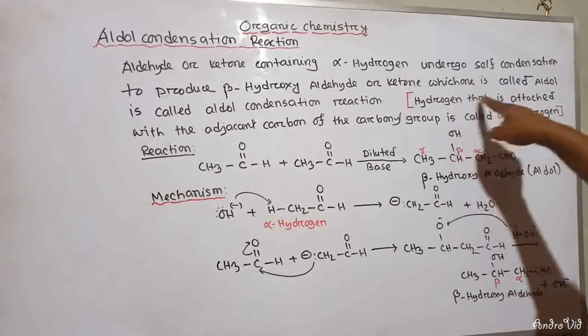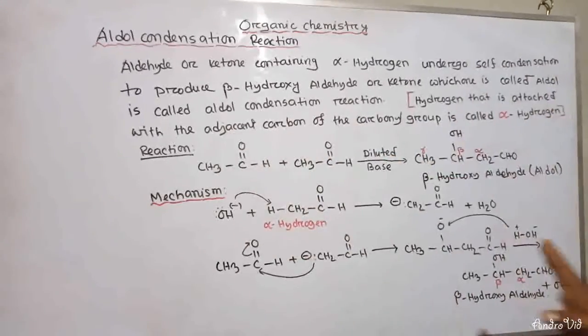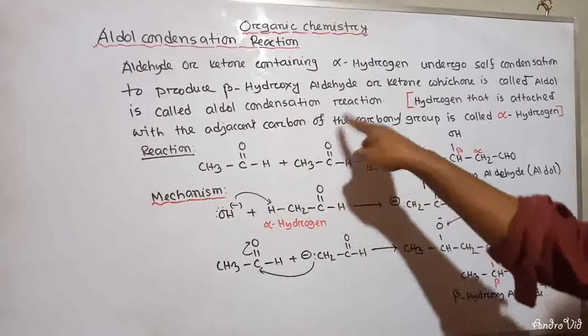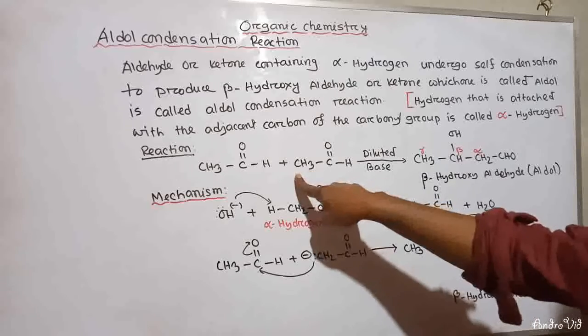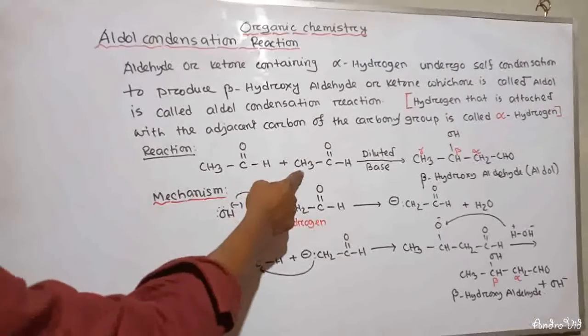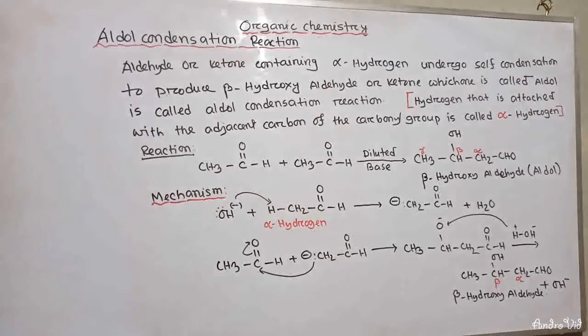So the hydrogen attached to this carbon, the adjacent carbon to the carbonyl group, is called the alpha hydrogen. So here this hydrogen is alpha hydrogen, this hydrogen is also alpha hydrogen.